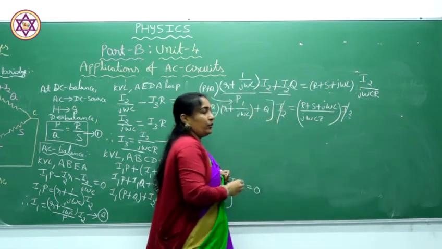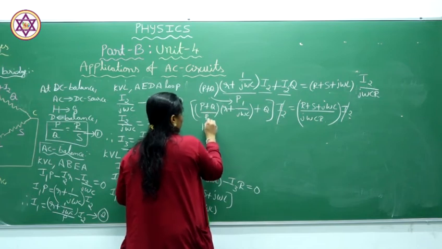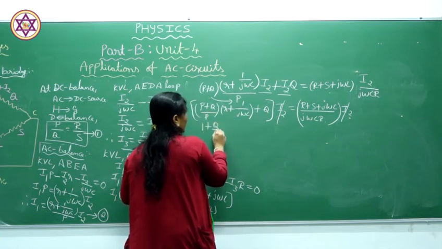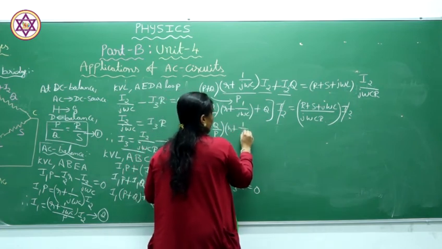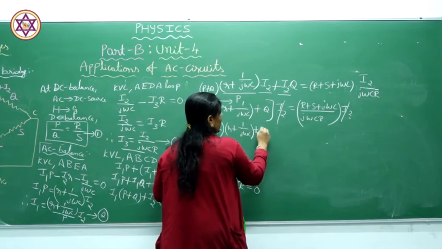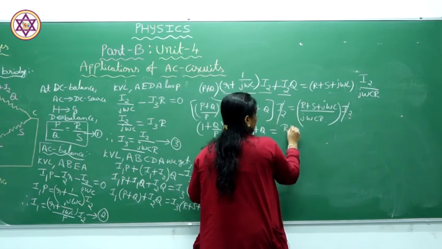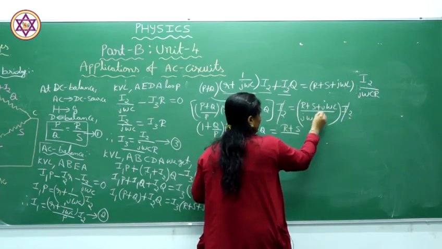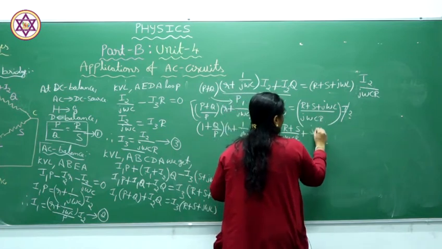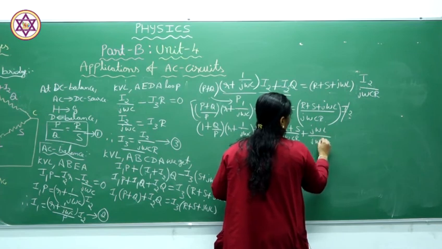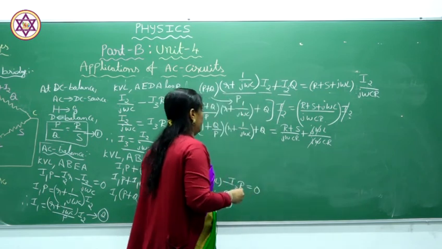I2 gets cancelled with each other, and this P by P is 1 plus Q by P into R plus 1 by j omega C plus Q, which is equal to, just rearrange the terms, it should be split. So write in split form: R plus S by j omega CR plus j omega L by j omega CR. J omega gets cancelled with each other.